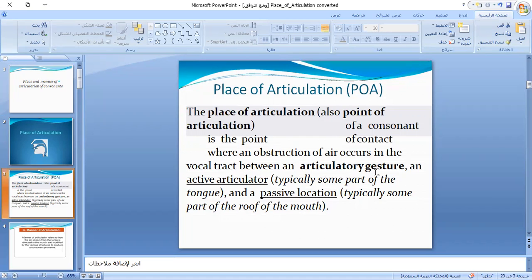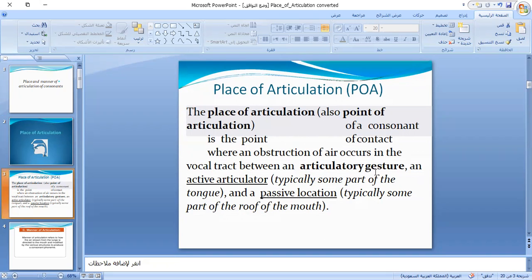All consonants are produced by obstructing, closing, or stopping the air somewhere in the vocal tract. Either you close your lips to produce certain sounds like B and P, or you put your tongue against the ridge to produce some sounds like T and D.